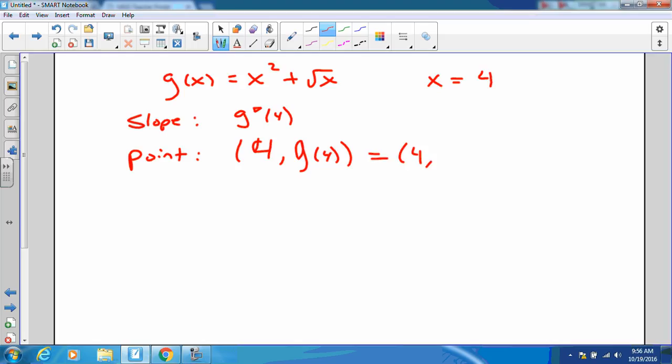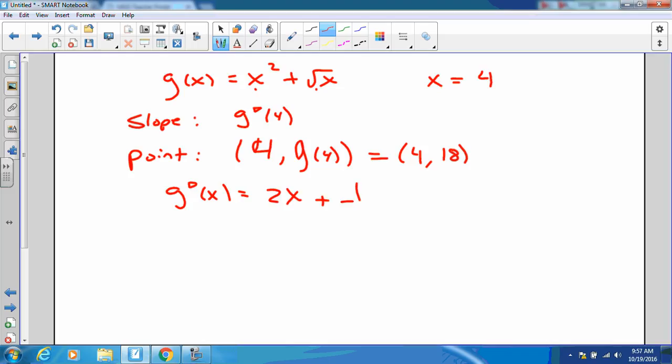All right, let's do g of 4 first because it's easy. What do you get for g of 4? 18. I get 16 plus 2 is 18. Good. What do you get for g prime of x? I want g prime of x first, and then we will substitute.